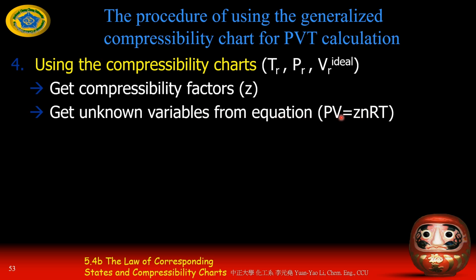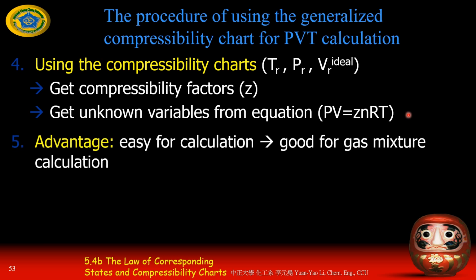You can get P, T, or V. The good thing about this compressibility chart is that it's easy to do calculation. You don't need to find these things in the table. You can apply it for all types of gases. So easy for calculation, and good for the gas mixture calculation.